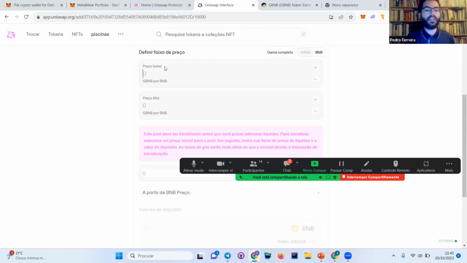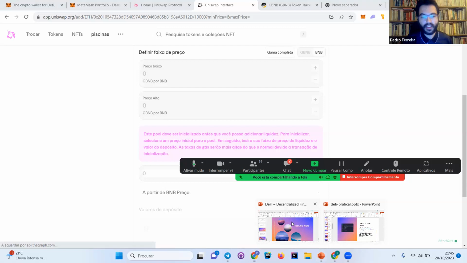This is in Portuguese. Let me see. There is no option to translate. But basically, here it is saying the lowest price. What is the lowest price at which I'm defining the liquidity?